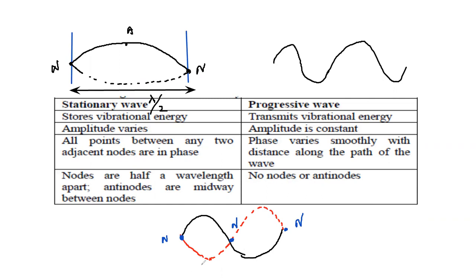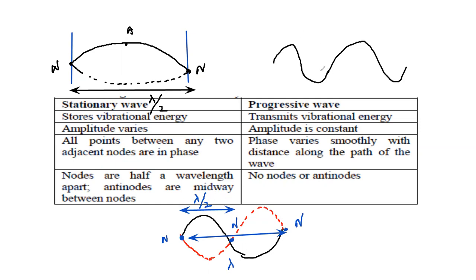So three successive nodes make one complete wavelength. The distance from one node to another and to the third one is one complete wavelength, or lambda. But what is the distance between two successive nodes? When two nodes are there, the distance between them will be equal to lambda by 2, or half of the wavelength.